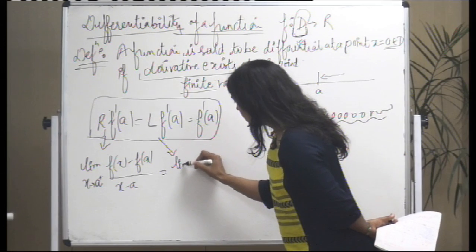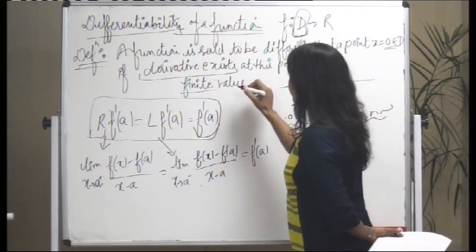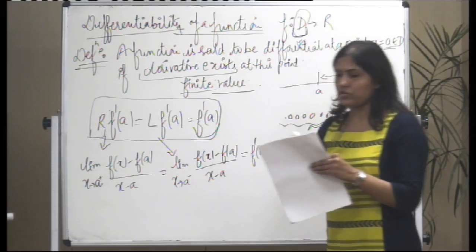Now for the left derivative, the limit is x tends to a minus, also very minor: f(x) minus f(a) upon x minus a. And this is the derivative at that point. So all three should be equal. I hope the definition is clear to all of you.